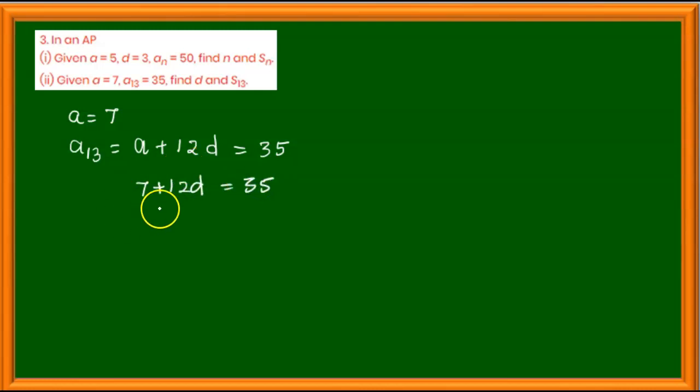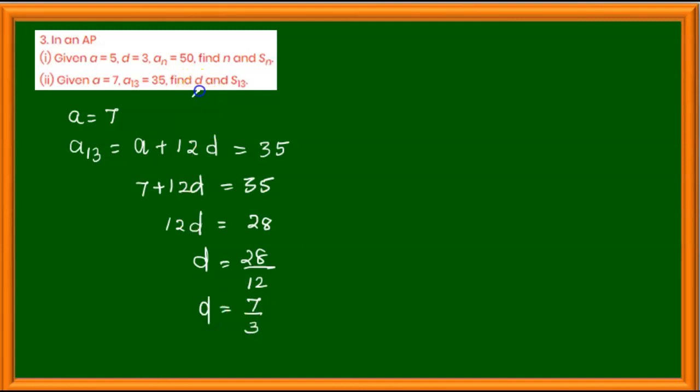So 7 we can take to the other side, 12d is equal to 35 minus 7, which is 28. So d is equal to 28 divided by 12. Both of these are divisible by 4, so we will get 7 by 3. Okay, so d we got as 7 by 3.